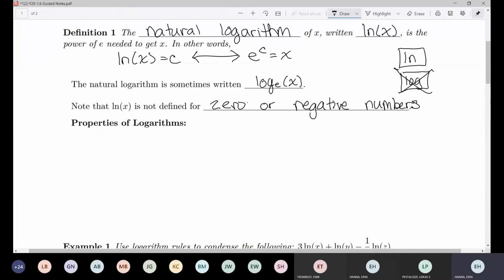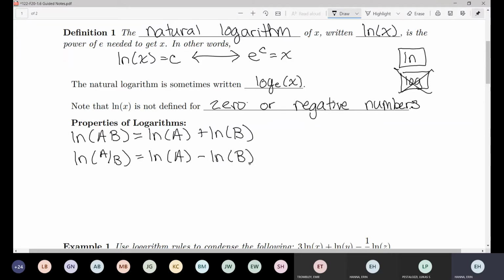Okay, so we've got some properties of logarithms as well. If we have the natural log of two things that are multiplied together inside the logarithm, we can split this up as the natural log of A plus the natural log of B. If we have two things that are divided inside the logarithm, we can split this up as natural log of A minus natural log of B. If we have the natural log of something to a power, and this is the big one, because it's used to help us solve the things that we need to solve, we can bring the power outside of the logarithm, which is why these are useful.